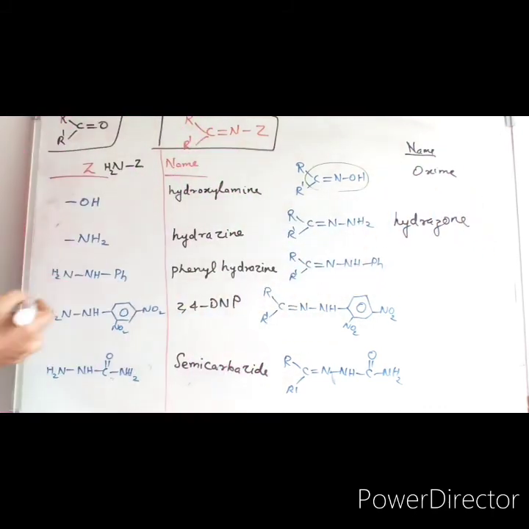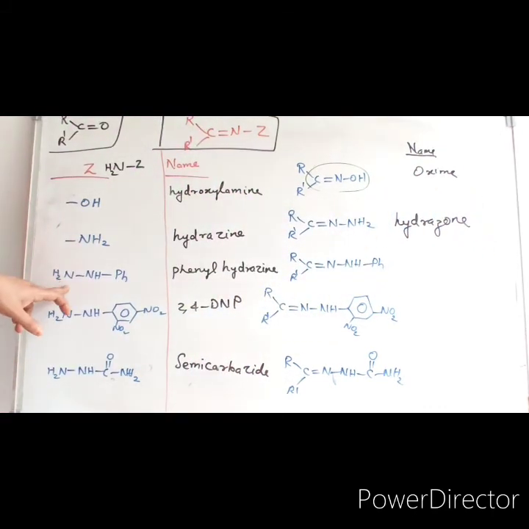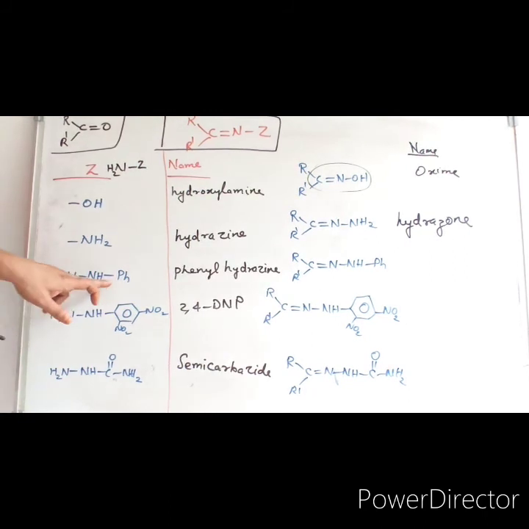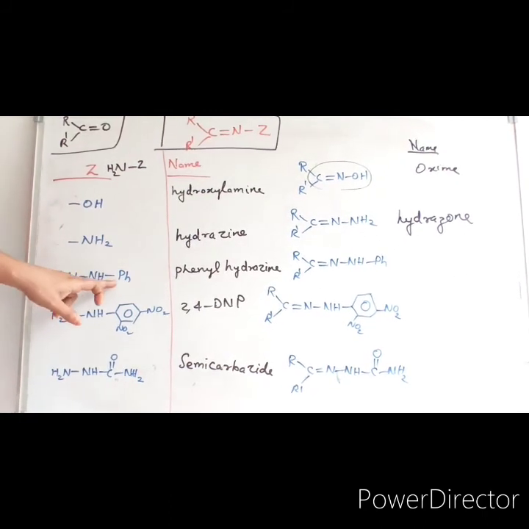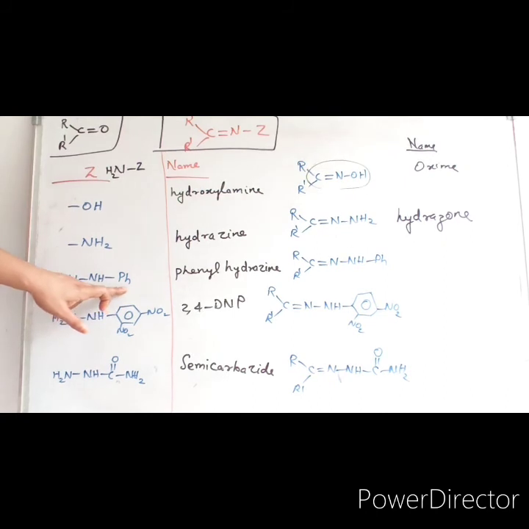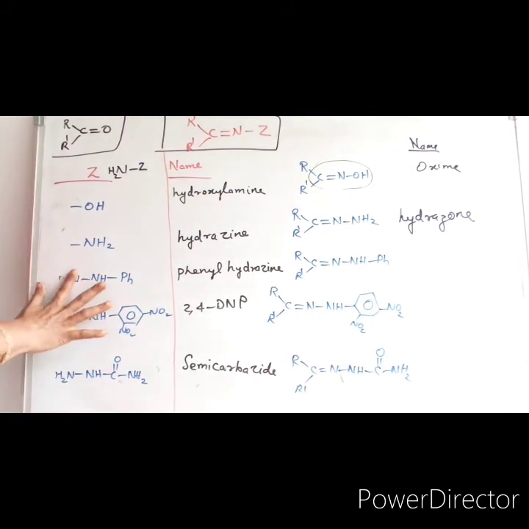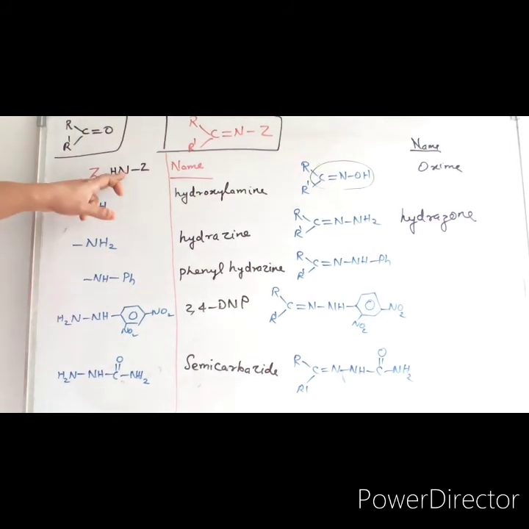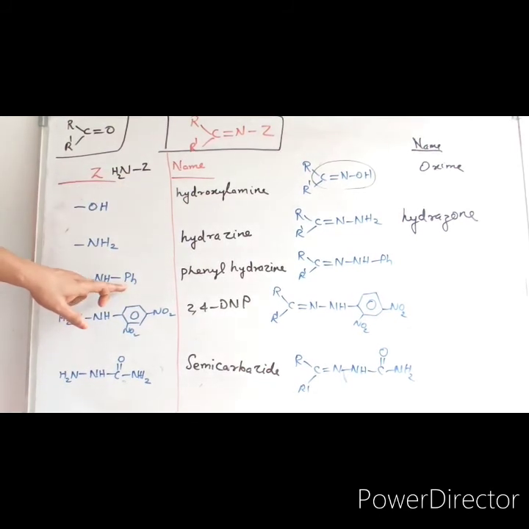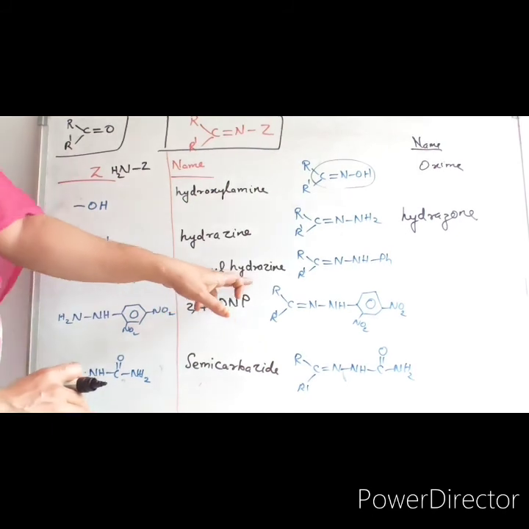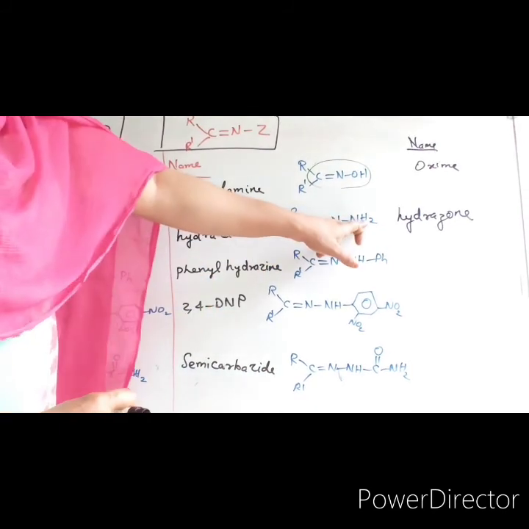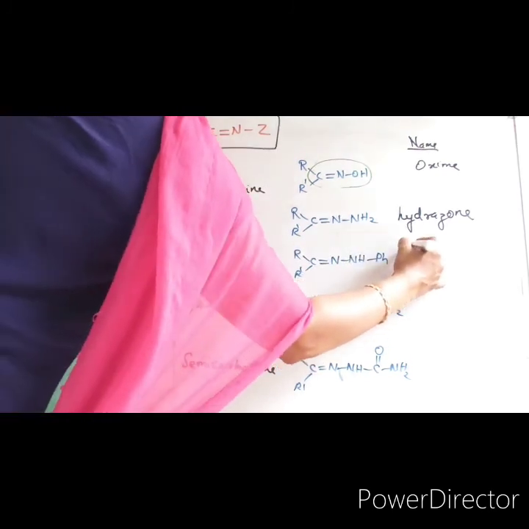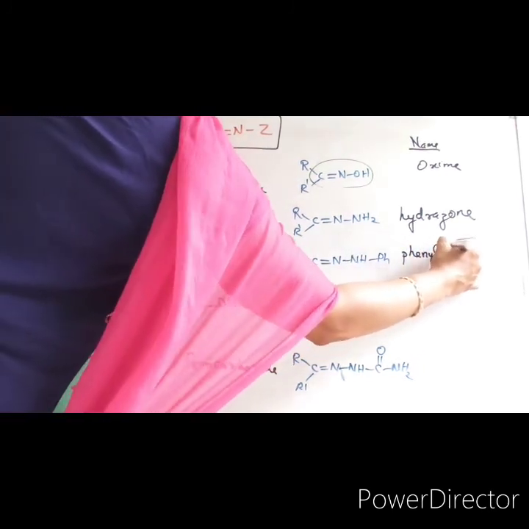Now if you replace Z by NHPh, from hydrazine we are removing one hydrogen and replacing it by Ph. In that case you will be getting phenylhydrazine, and the product is called phenylhydrazone.